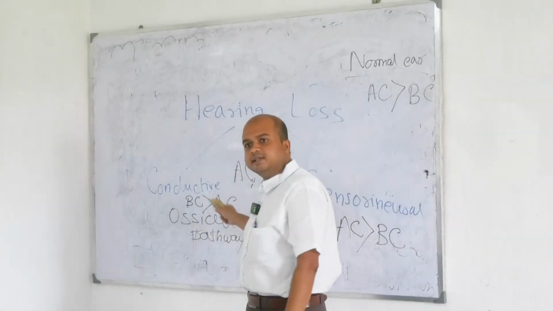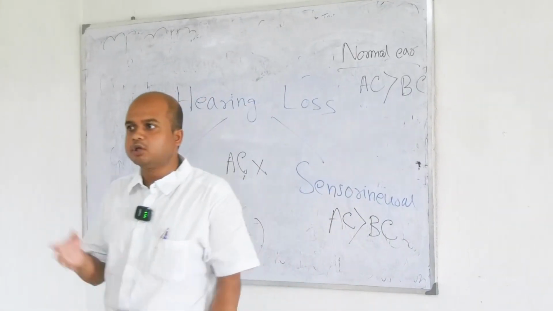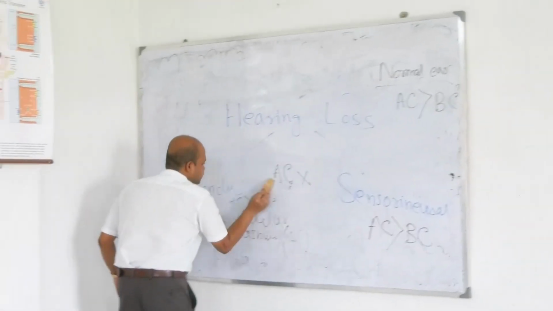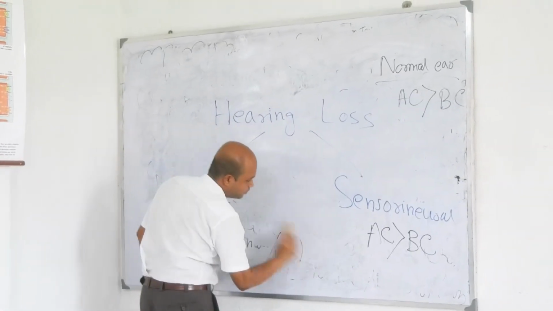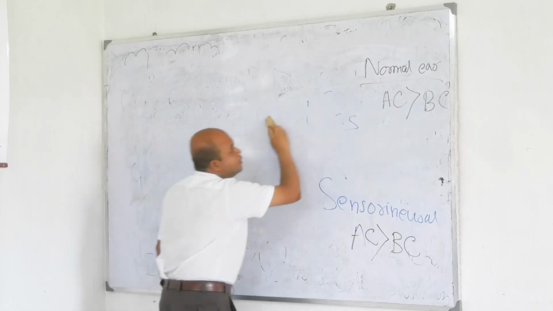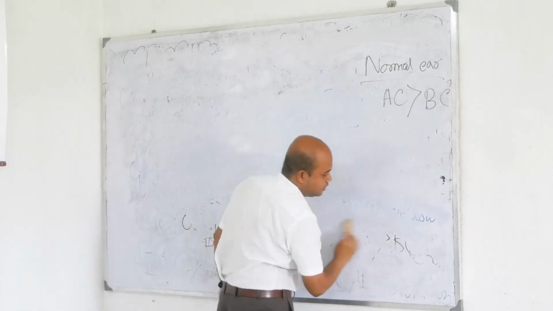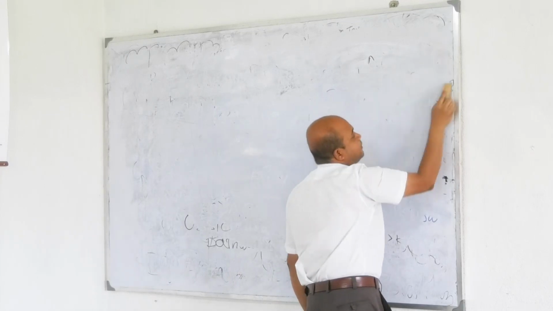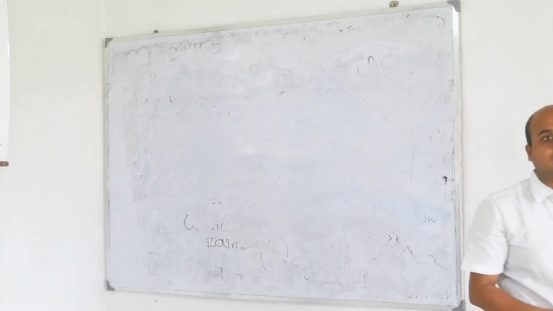So BC greater than AC means conductive hearing loss, because in conductive hearing loss we take it to be a defect in the ossicular pathway. That is, we write it as BC greater than AC. But if AC is greater than BC, which we obtain by some test, we cannot conclude whether there is any hearing loss or not.